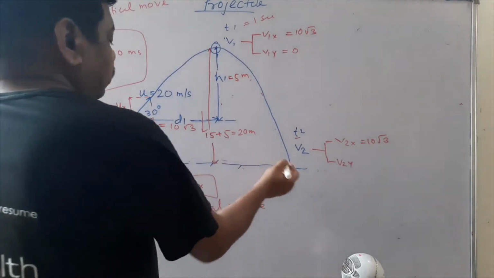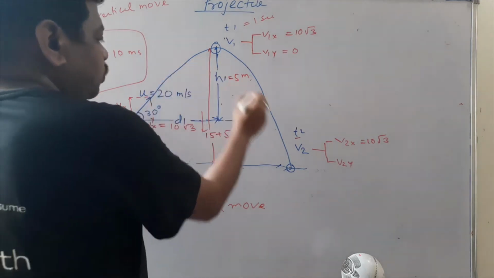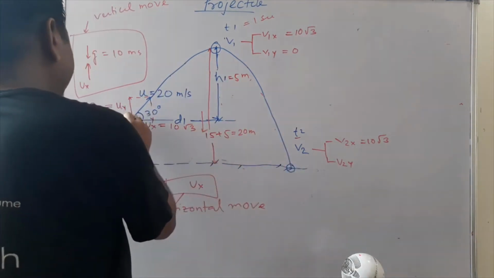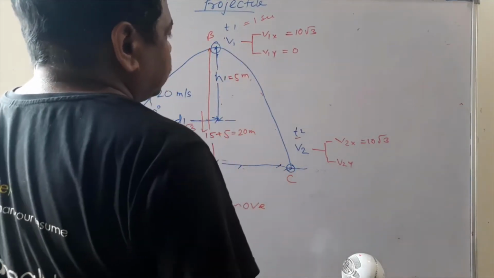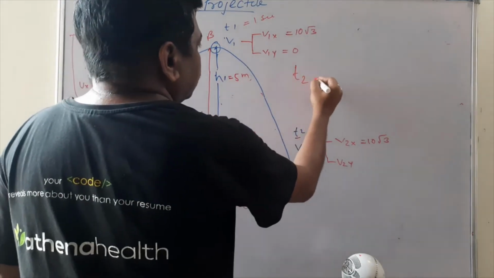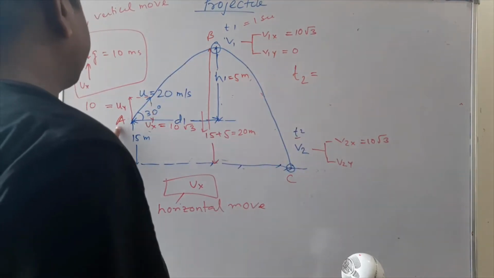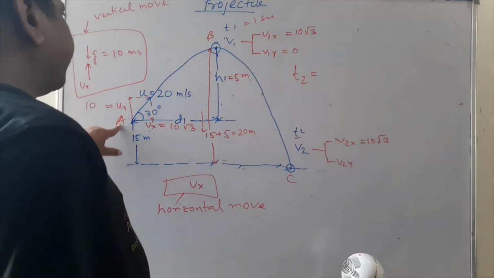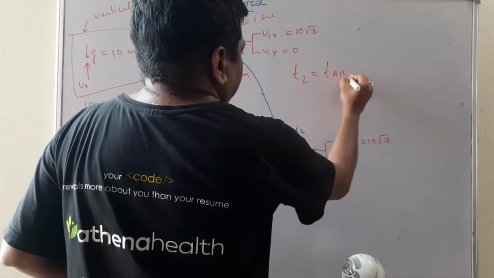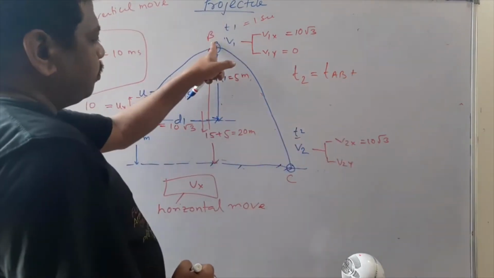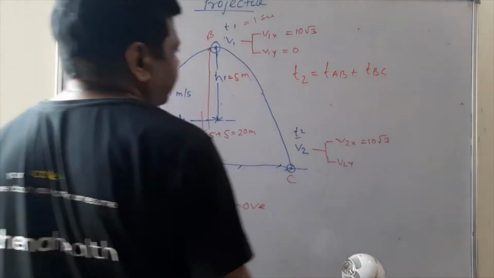So now the time required to travel from this point to these points, let's say this is A, this is B and this is C. So t2 equals the time required to travel from A to B, so TAB, plus from B to C, TBC, right?